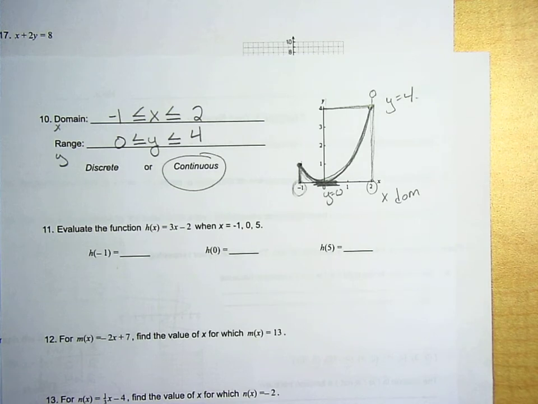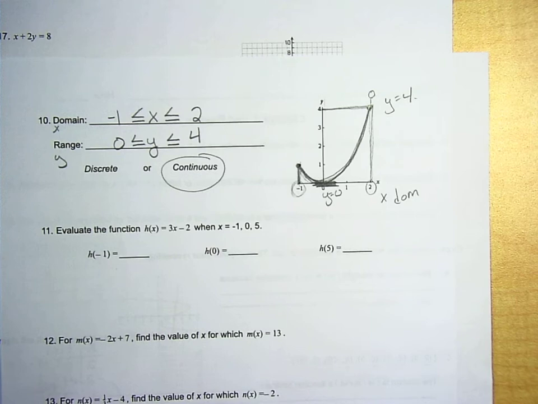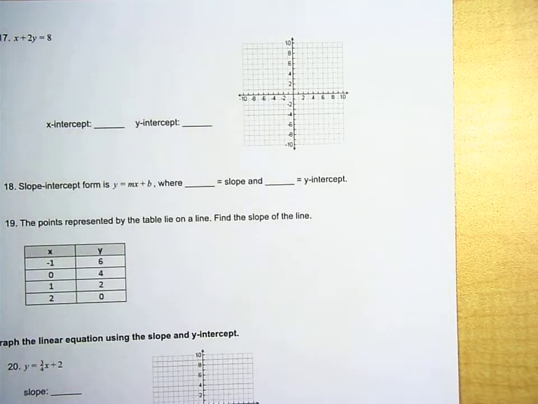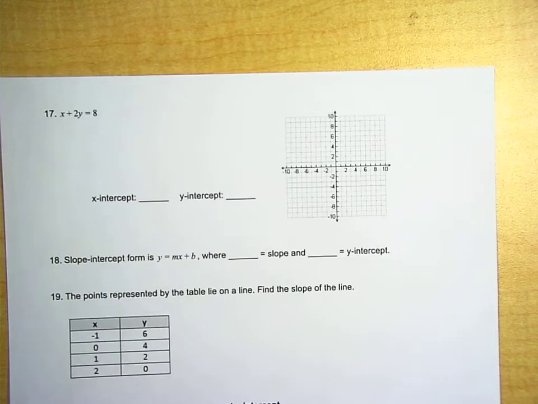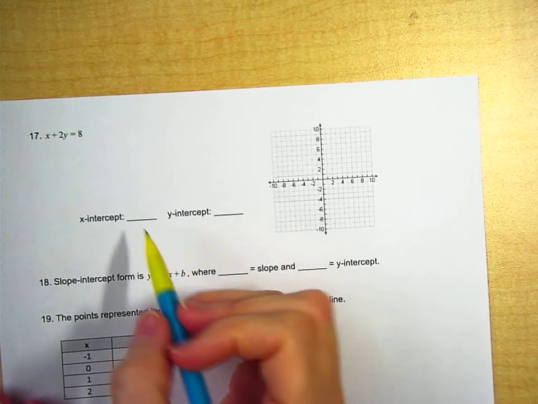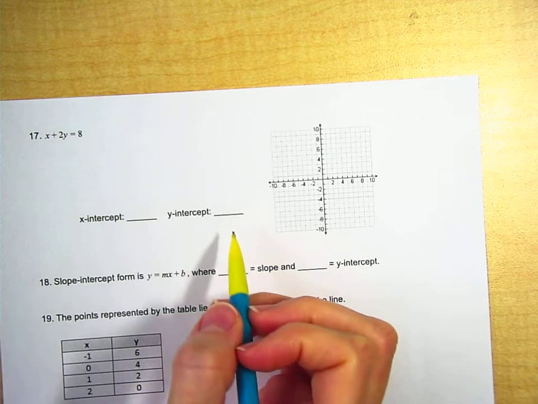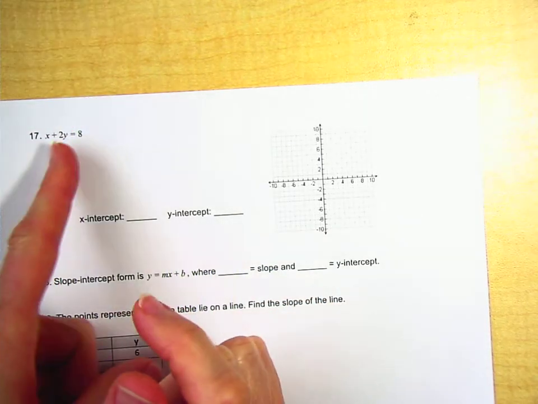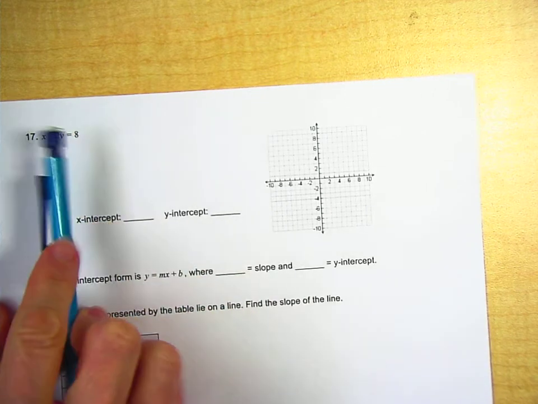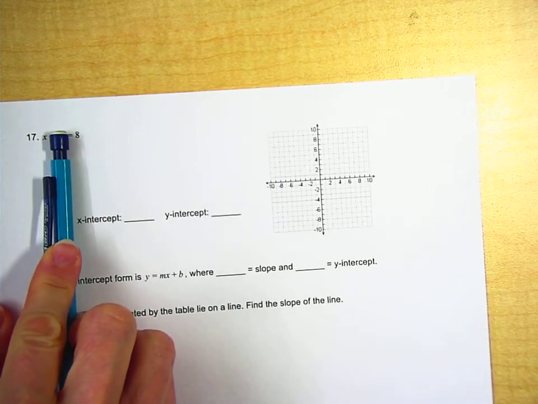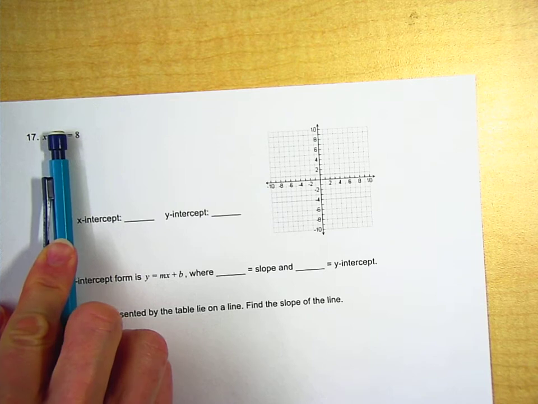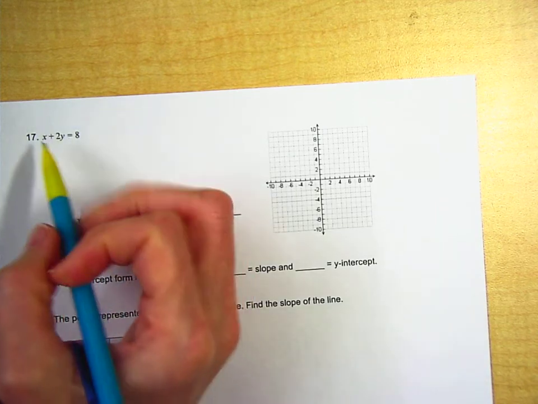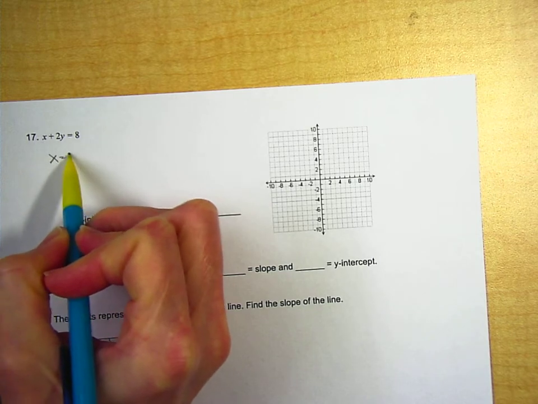Those were definitely ones that were missed a lot on the test. Now I'm going to go right over to some graphing ones. This one we would graph by intercepts. For intercepts, I always say do the cover-up method. Cover up the term that has the y and write the equation with your leftovers. If you think about covering up the plus 2y, what I'm left with is x equals 8.